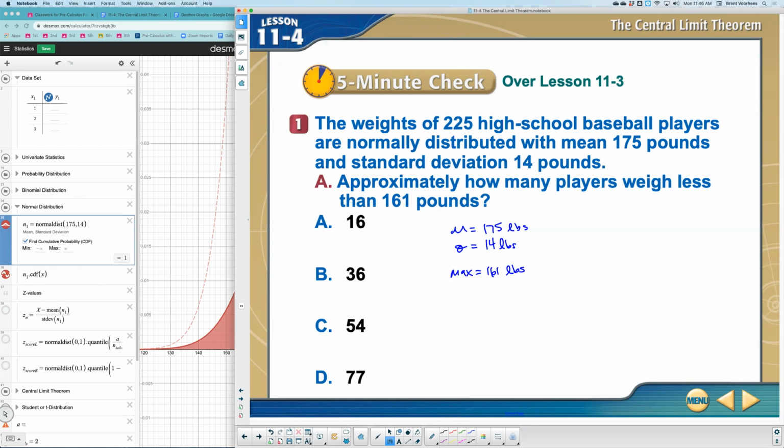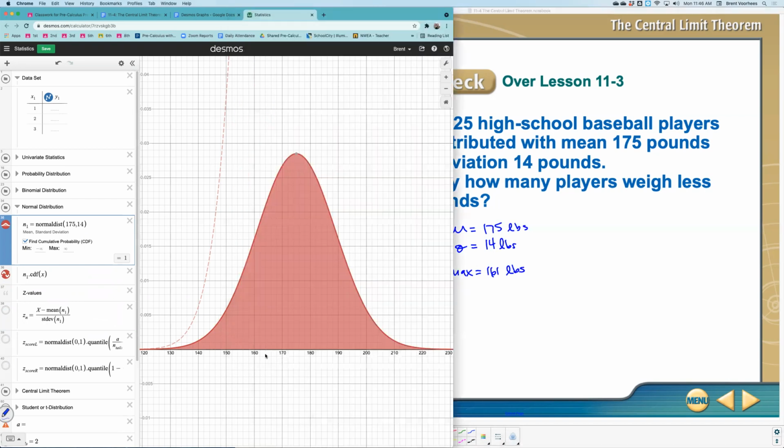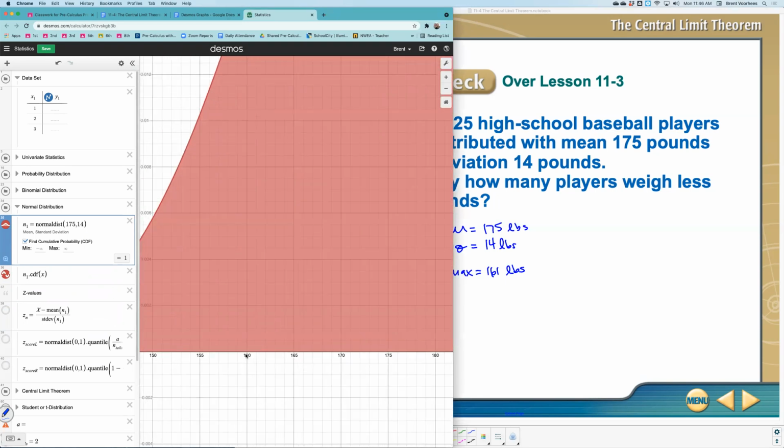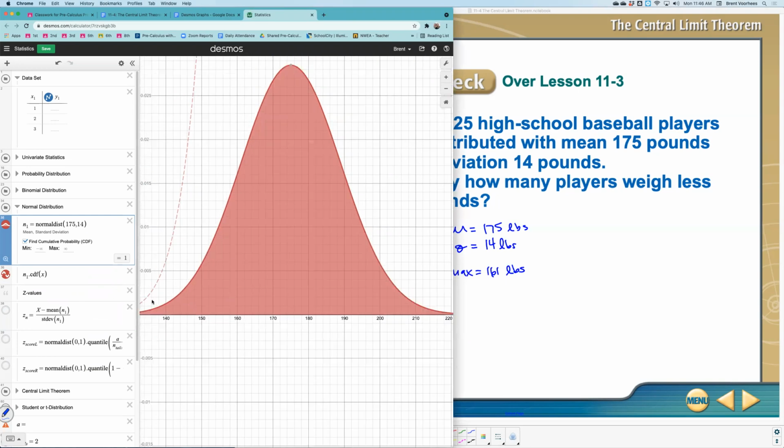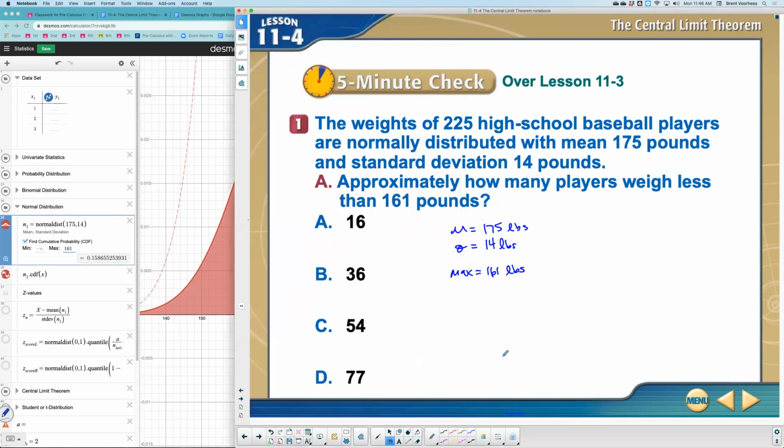So we want all the values that are 161 or less, so everything from this area over. The way to do that is just right over here, you put 161, and it would show you that's the area, which happens to be 15.8%, or actually I would say 15.9.